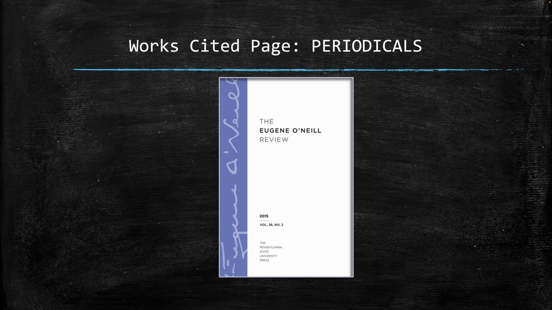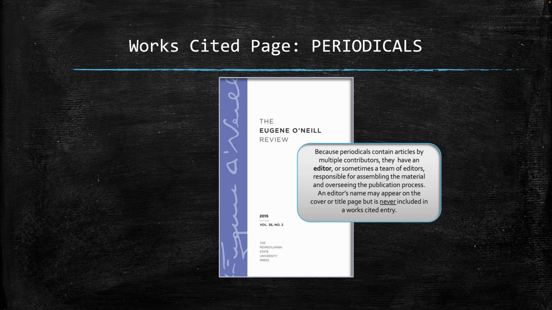So let's talk about some of the features I just mentioned and how to locate them on the cover of this journal. Because periodicals like this one contain articles by multiple contributors, they have an editor, or sometimes a team of editors, responsible for assembling that material and overseeing the publication process.